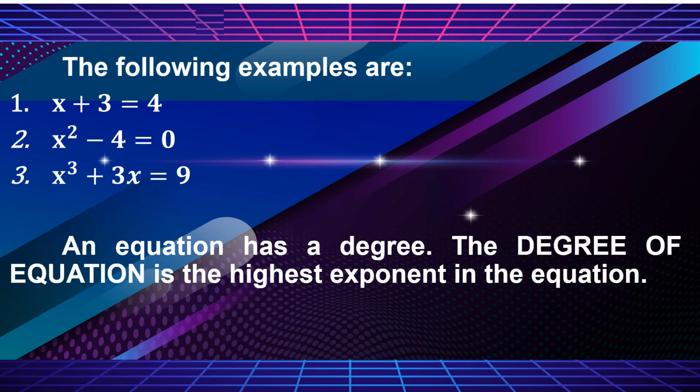The exponent there is 2. So the degree of equation is 2. Number 3, x cubed plus 3x equals 9. The exponents are 3 and the invisible 1. And the degree of equation is 3 because it is the highest exponent.